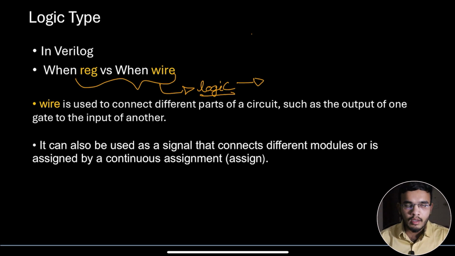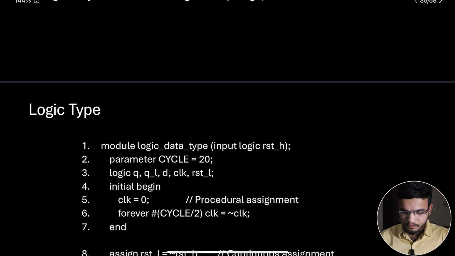Let's say you need to model a bidirectional bus. In this case, the variable needs to be wire rather than logic, because you need multiple assignments to a single variable. So in such a case, logic cannot be a solution, and we'll be using wire.